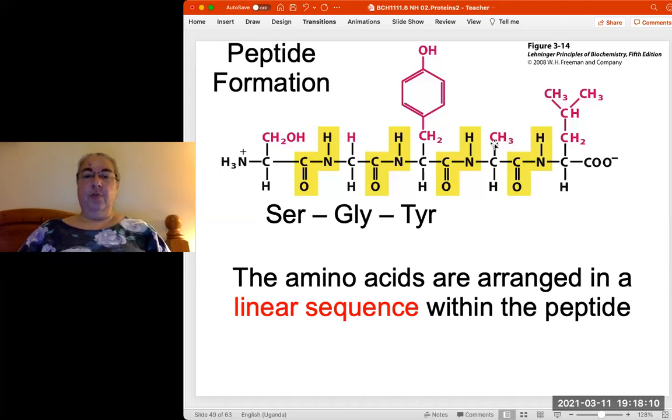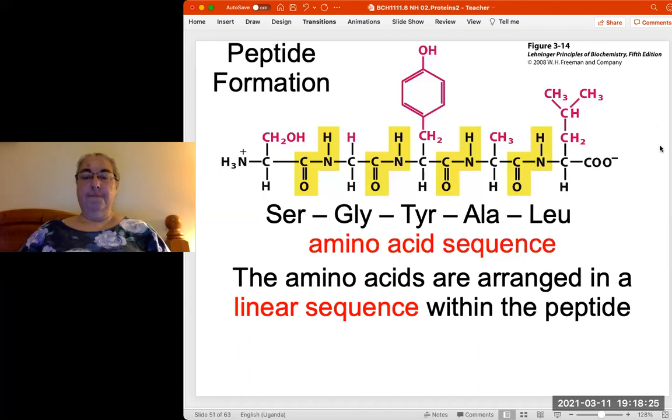A methyl group, CH3 as the R group, is alanine. And finally, a branched carbon chain. Which one's that? Leucine. So we have 5 amino acids arranged in a sequence: serine, glycine, tyrosine, alanine, leucine.